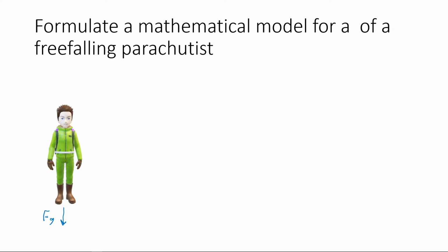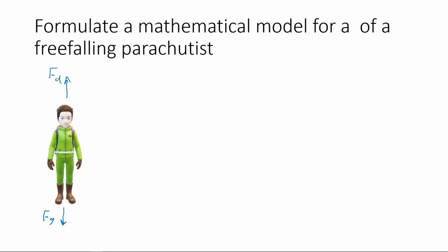So this is the force of gravity. But in opposition to the force of gravity, once he opens his parachute, or even without opening his parachute, there will also be some drag force. So this is the force of gravity, and this is the drag force.